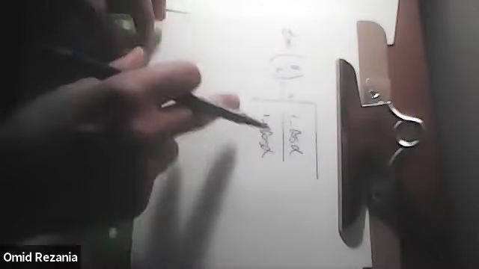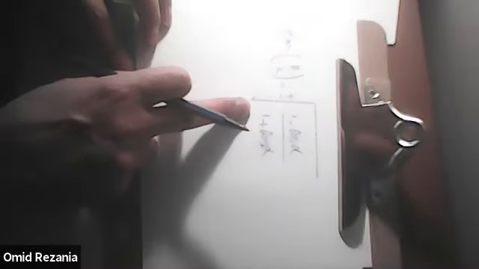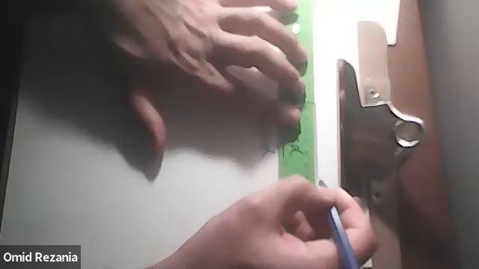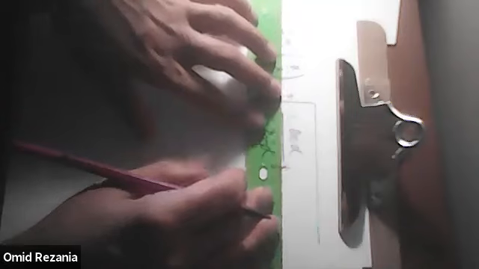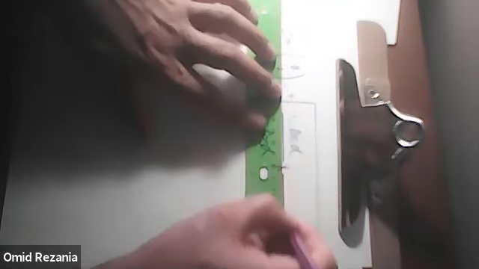Now, we have this square root, this radical. We want to get rid of it. And what to do? I'm going to multiply both sides by this expression. Previously, I multiplied everything by 1 minus cosine alpha over 1 minus cosine alpha.